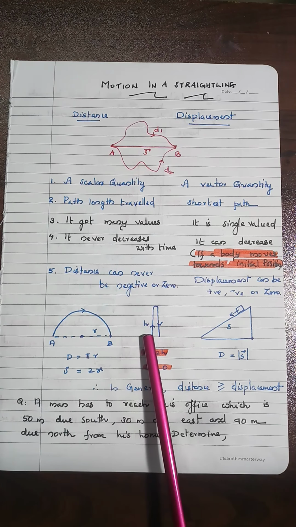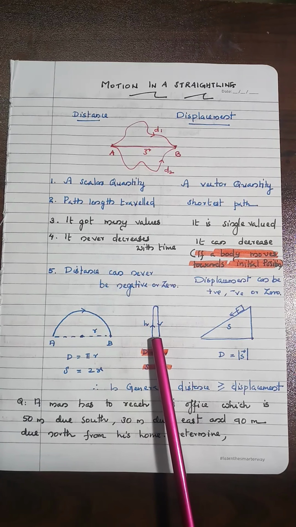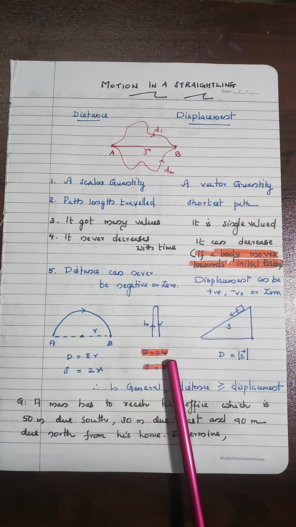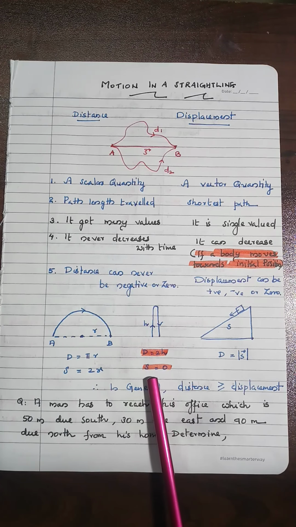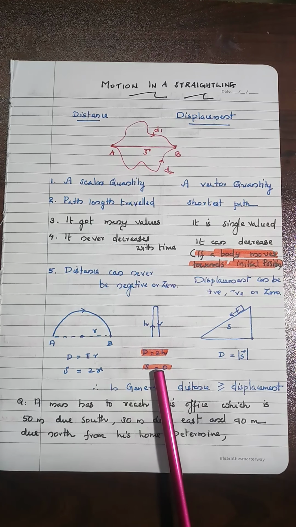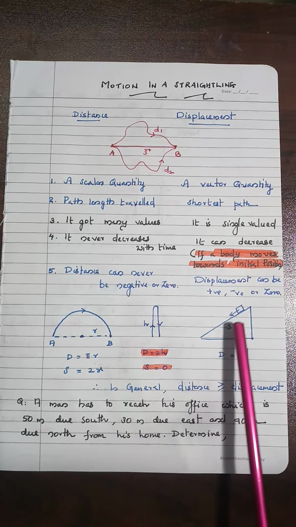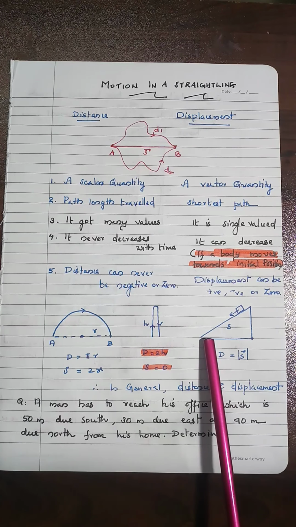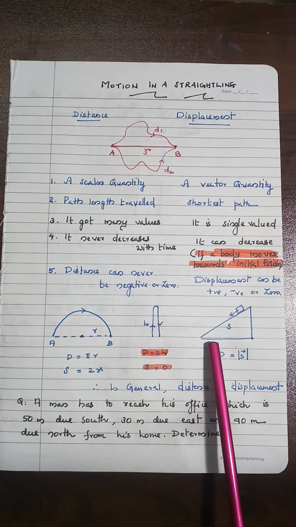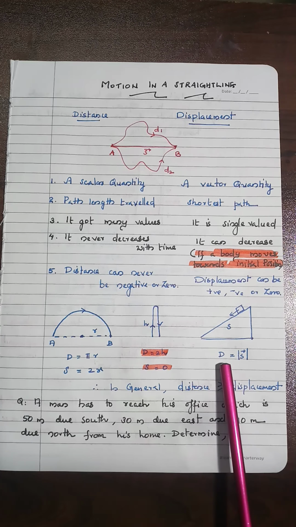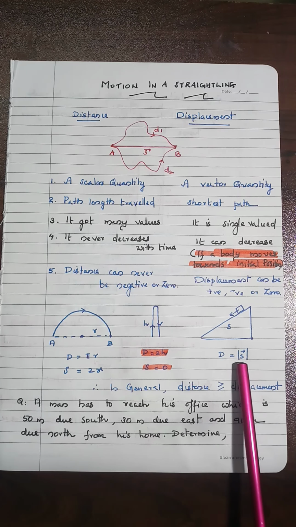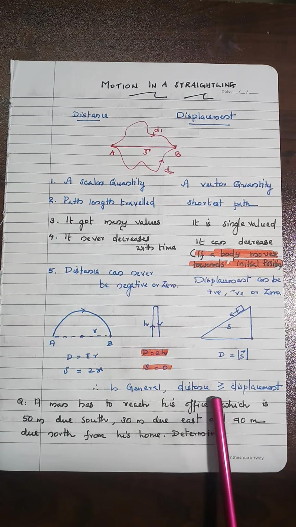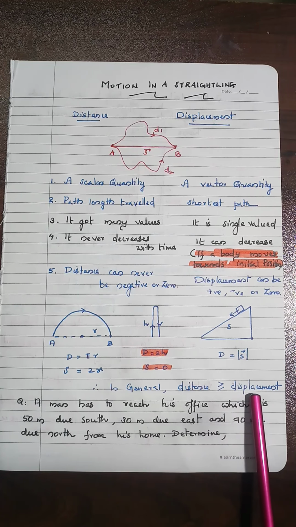If a body is thrown upward and comes to the initial position, the distance travelled becomes double its height, but the displacement becomes zero. If a particle is moving along an inclined plane, both the distance and displacement get the same values. In general, the distance is greater than or equal to displacement.